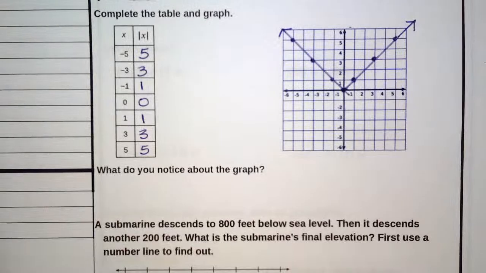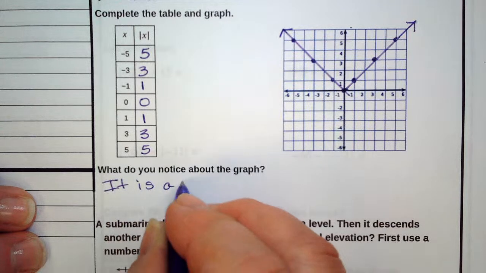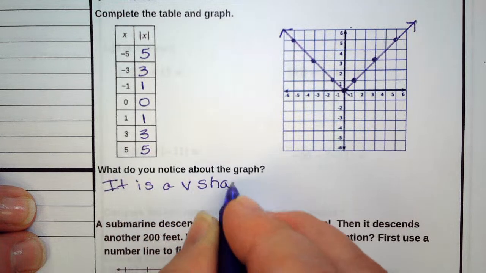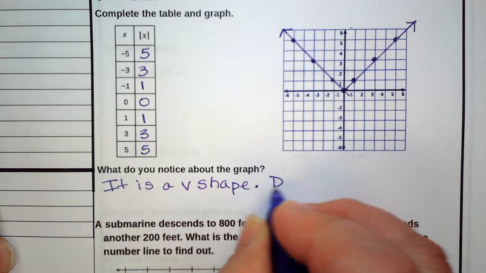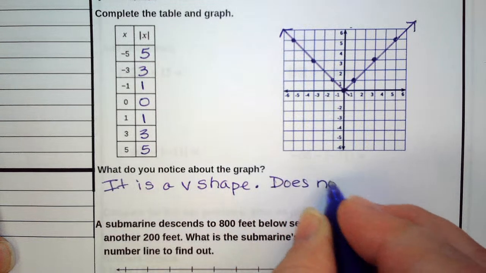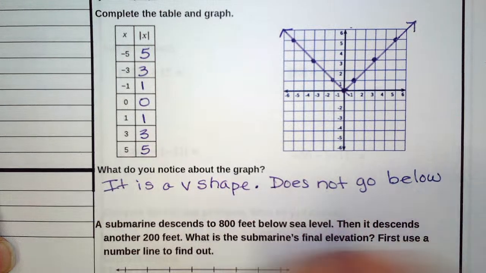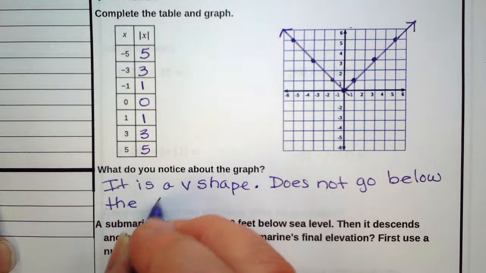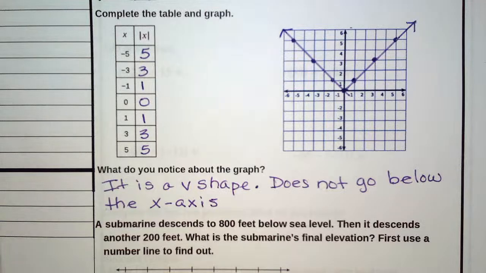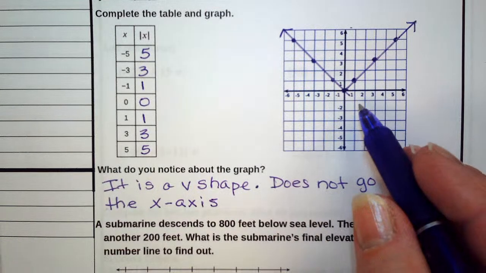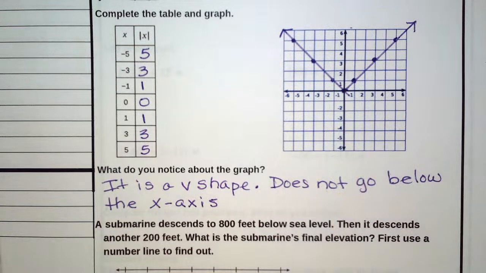You notice it is a V shape. And it does not extend below the x-axis. Now we'll find out how we can transform it and make it move below the x-axis, but this is our parent graph, and it's that V shape that comes down to 0 and then goes back up.